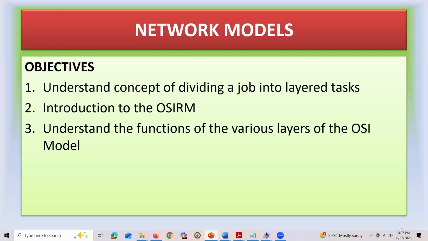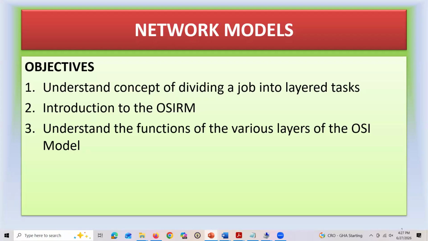What defines them and what governs the way they should move is what we are referring to as the network models. In fact, data communication cannot be complete without a network infrastructure. So in data communication and networking, the two courses are interdependent on each other. The data communication deals with the principles, the rules that govern how the data need to move from one end to another.